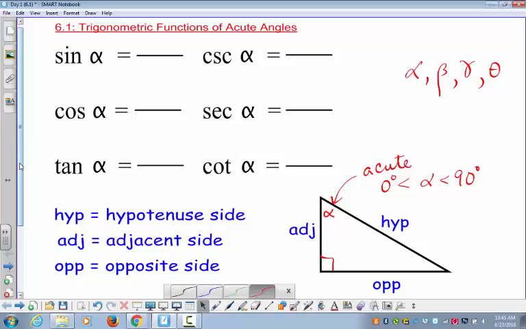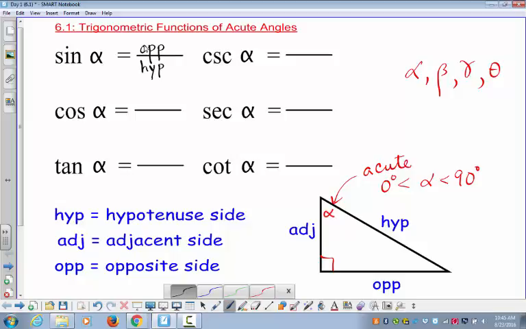So here we go. So the definition of sine. So we're going to look at sine of this angle. S-I-N-E. Sine. And by definition, it's opposite over hypotenuse. That's the definition. And that's how we do things in math.